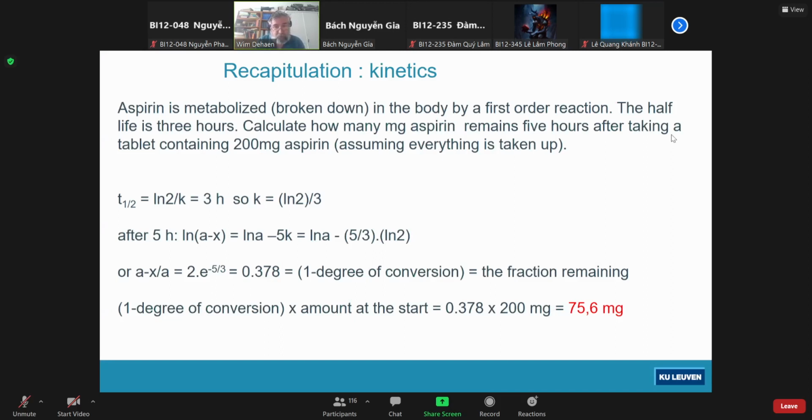So that is 1 minus the degree of conversion. So that's the fraction that is remaining. So if you multiply that fraction by the original amount, 200 milligram, we arrive at 75.6 milligram, which sounds like a reasonable number, knowing that after 2 half-lives, 6 hours, we normally should arrive at 1/4. That's about 50 milligram. So I think that is indeed reasonable.